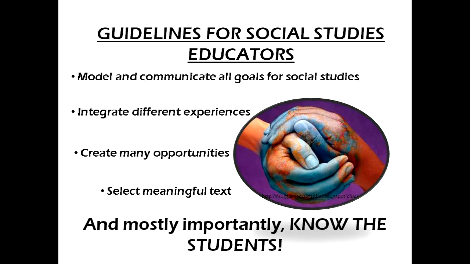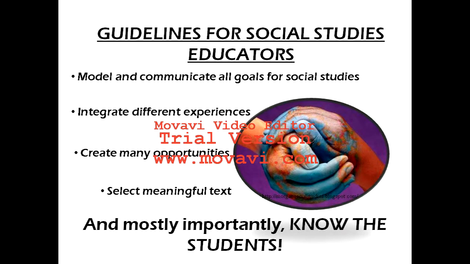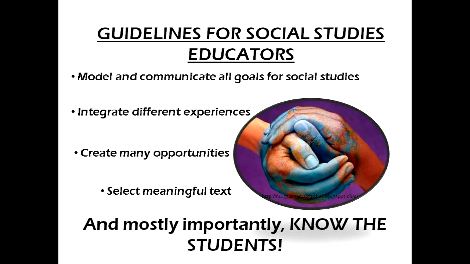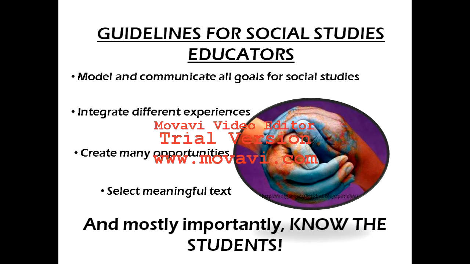Create optimal opportunities for learning for all students. Model and communicate the goal and function of the social studies approach to the students. Select the social studies textbook materials that meaningfully represent all learners. And understand that students' attitudes, values, histories, etc. significantly affect civic roles and functions.